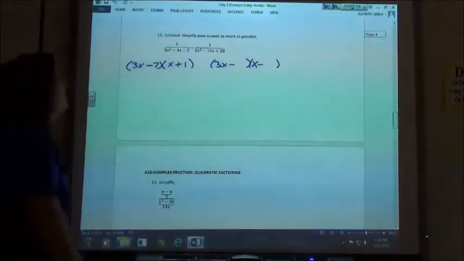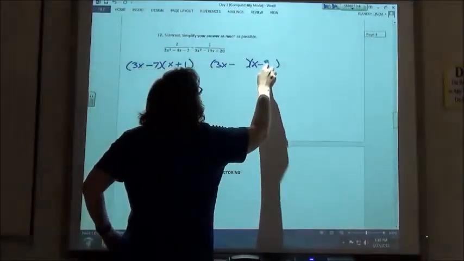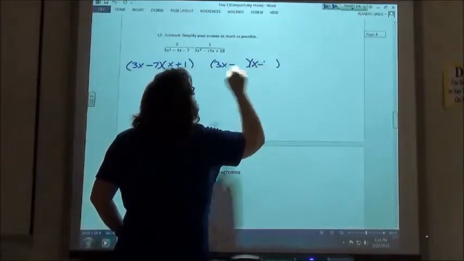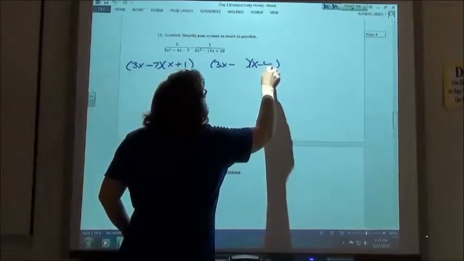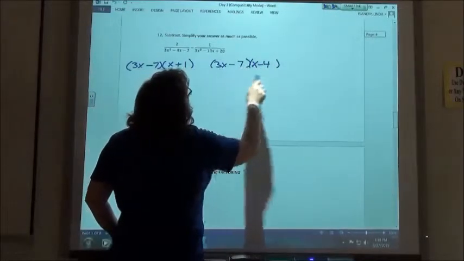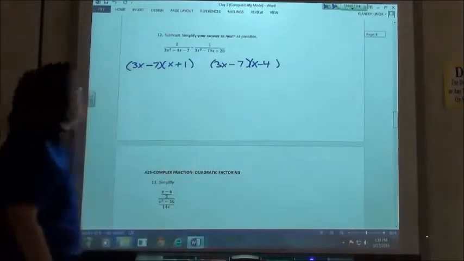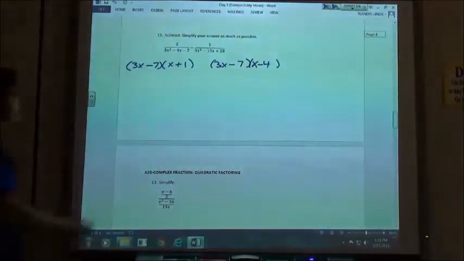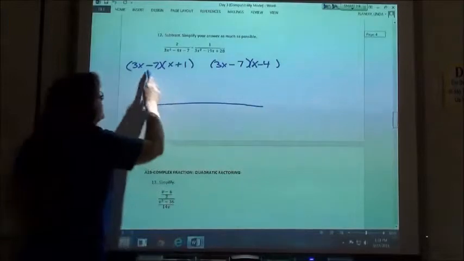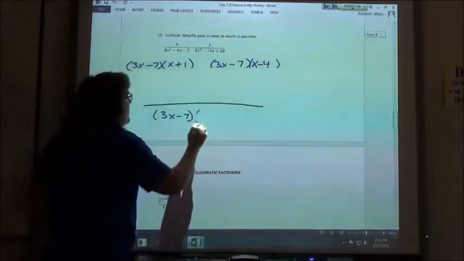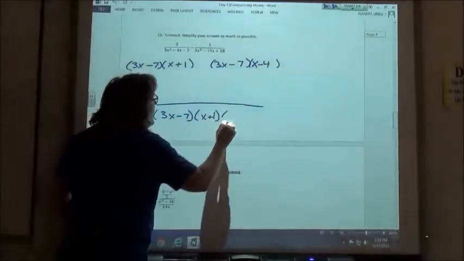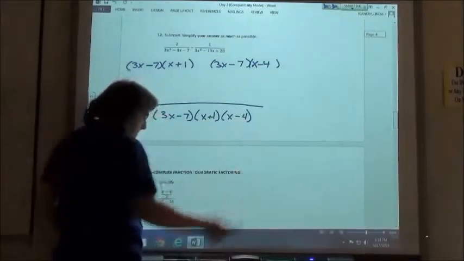And so 4 and 7, I would have to have a minus 4 here and a 7 there, so that I get negative 12 minus 7, which is negative 19. So on this one, our common denominator is going to have the 3x minus 7, the x plus 1, and the x minus 4.